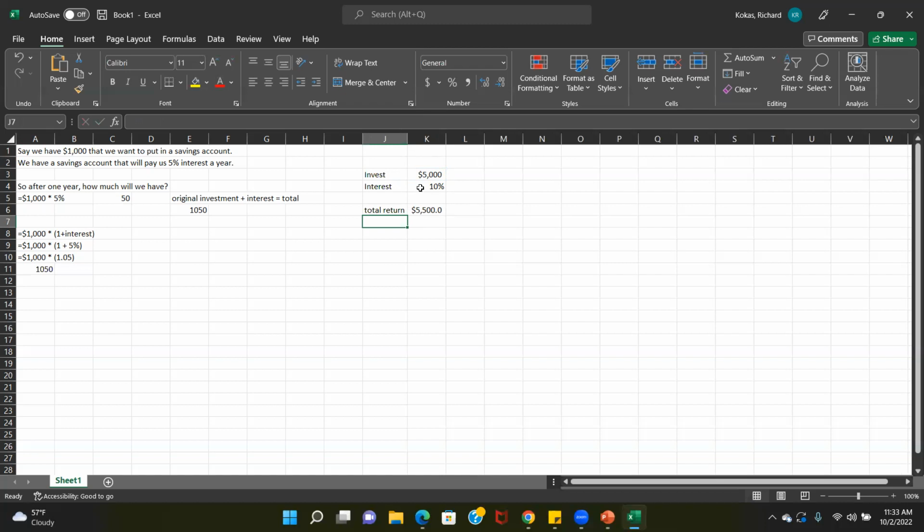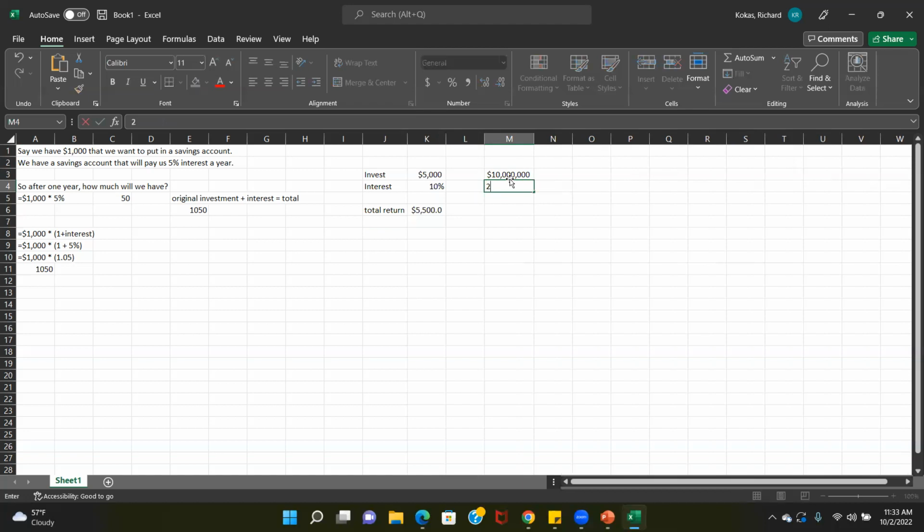You can see the concept of how the rich get rich, and get rich quicker. You could have a pretty crappy interest rate, and 10% is a good interest rate, but still, think about this. Say we're going to invest $10 million. Right now I have a savings account with 2% interest, and I'm jumping for joy even though it's pathetic.